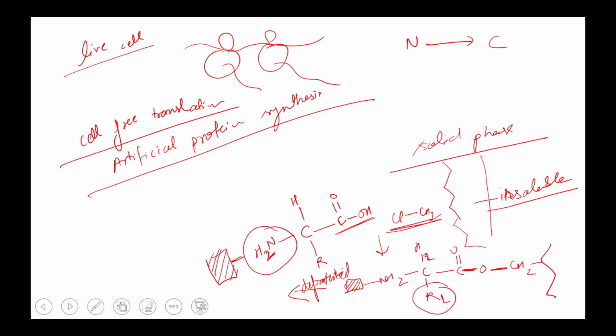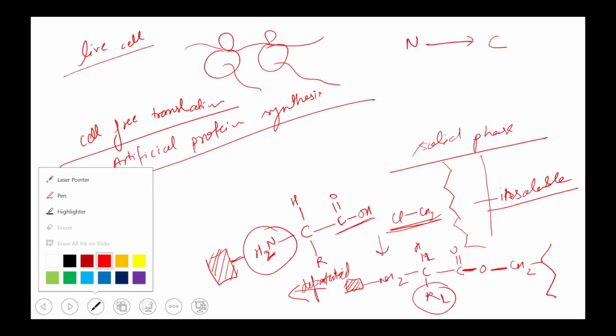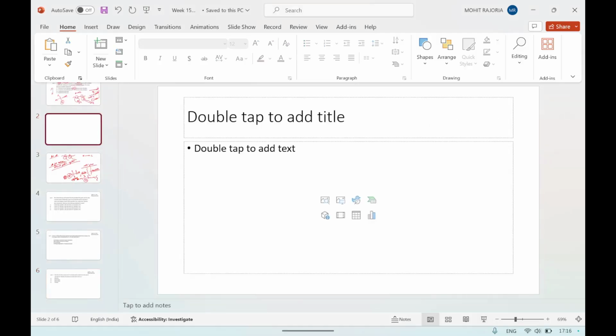So after addition of the first amino acid, they deprotect its amino group, and after it gets freed, you have the amino terminal free.